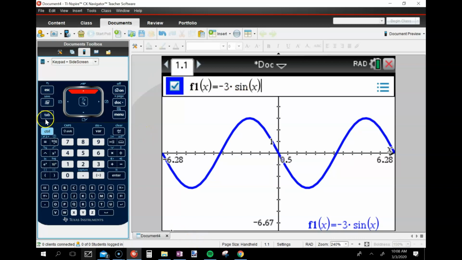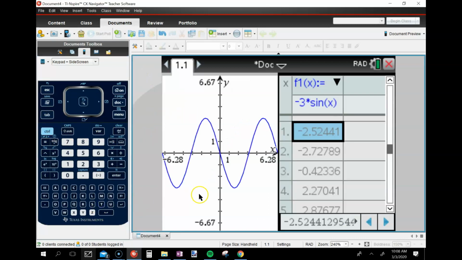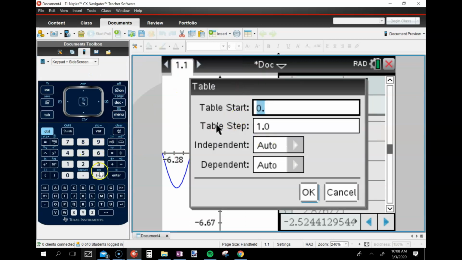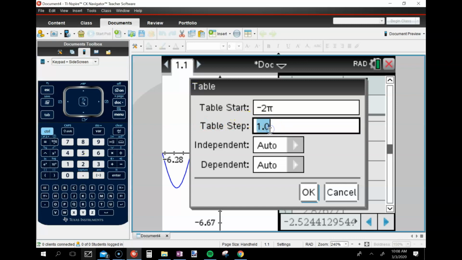Now, if I want to make sure, what can I always do? I can go to my control table. I can go into my table settings. I want to start at -2 pi. What should my step be now? Because I'm talking about radians now, right? So I want to jump by 90 degrees.